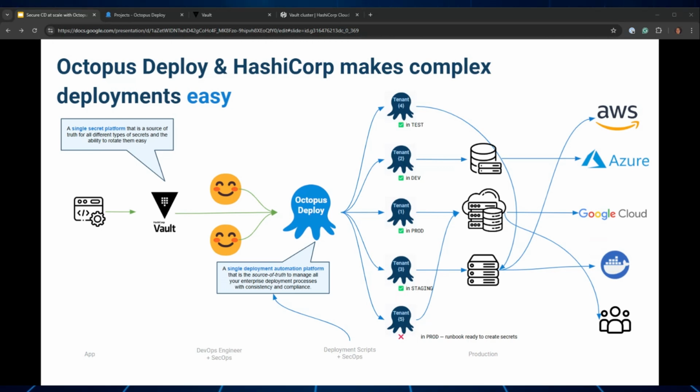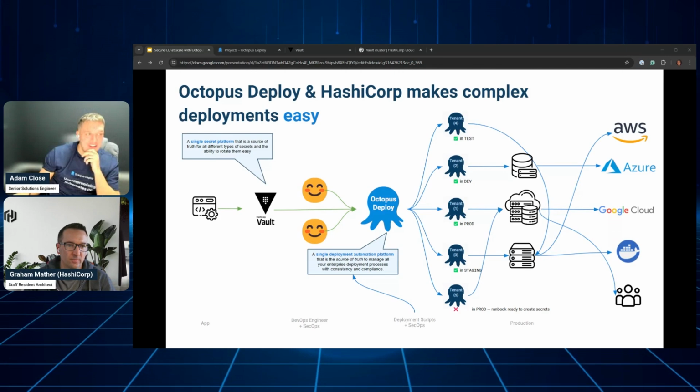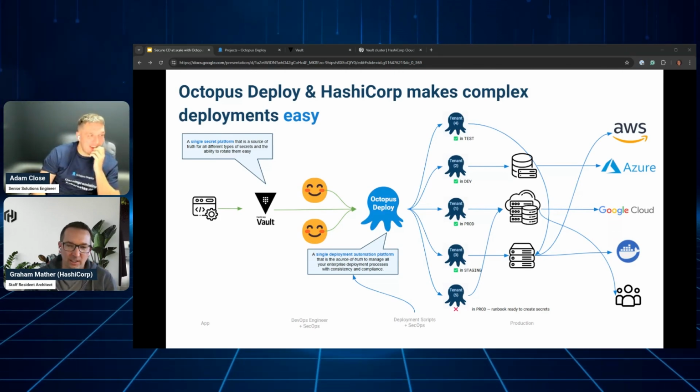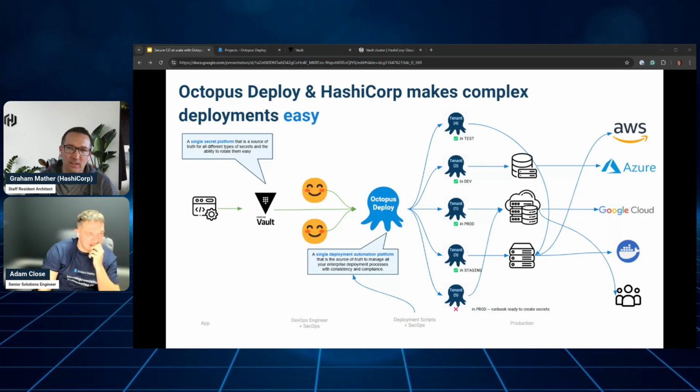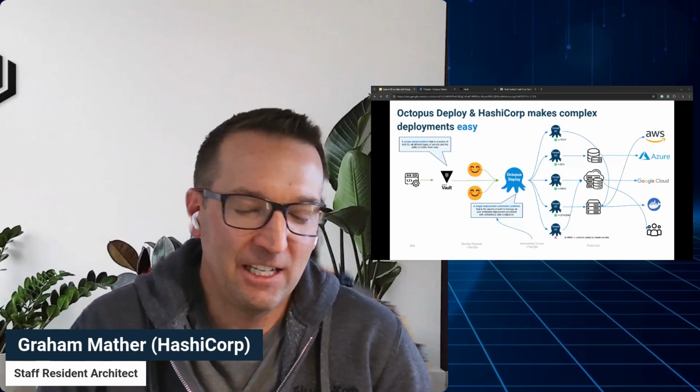Okay. So, yeah, I had a quick question about that, Graham. When we say secrets, what type of secrets can we store in Vault? Yeah, I mean, you name it. The most basic kind of secret is just a generic key value.